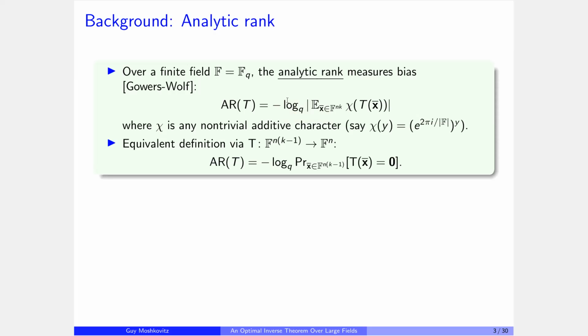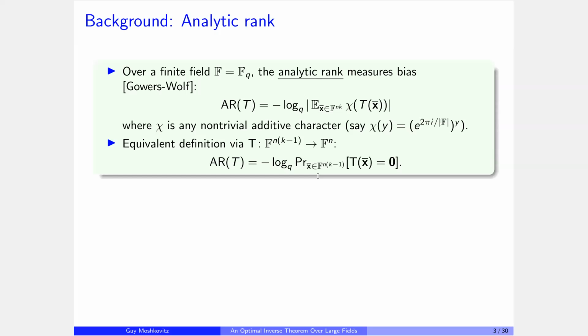One way to define it is a Fourier-theoretic definition. This was originally defined by Gowers and Wolf in the context of higher-order Fourier analysis, but we will stick with the more concrete definition. If you switch to talking about the corresponding (k-1)-linear map instead of the tensor, then this is essentially the normalized number of zeros of these polynomials.